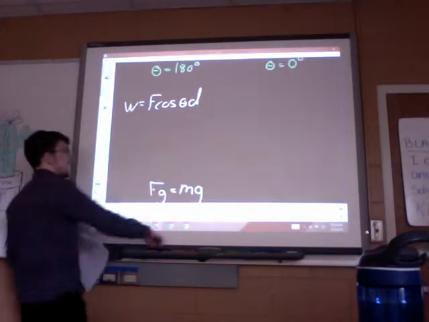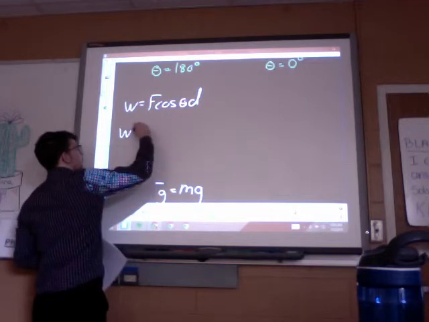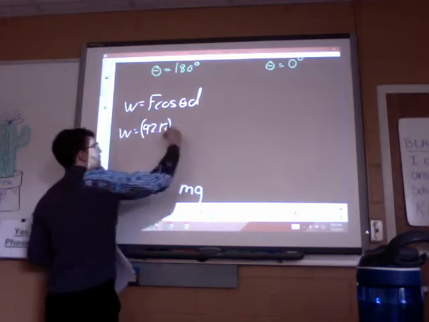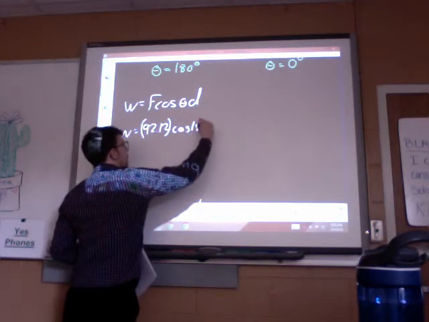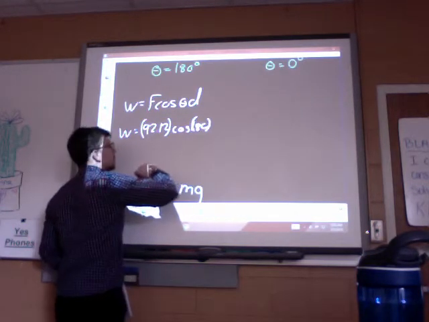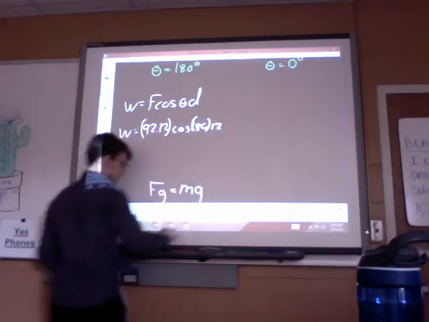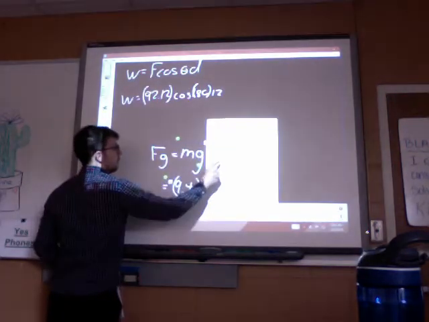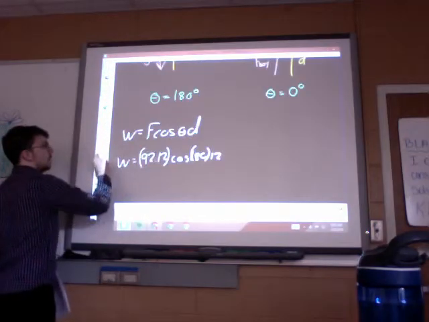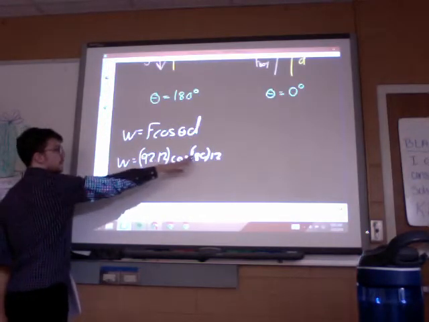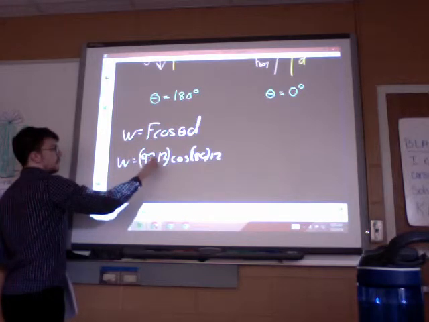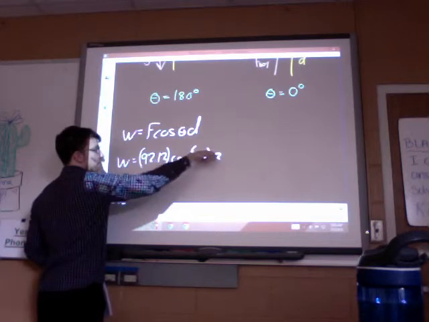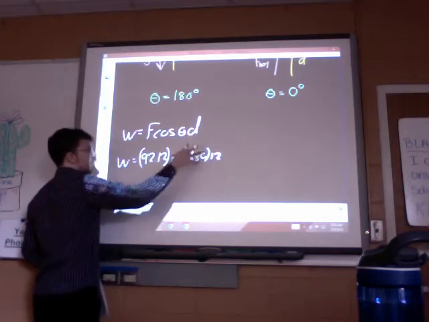Gravity's pulling with 92 newtons of force, so we use that number to figure out the work done. 92.12 times cosine of 180 times 12. Kind of messy, but.